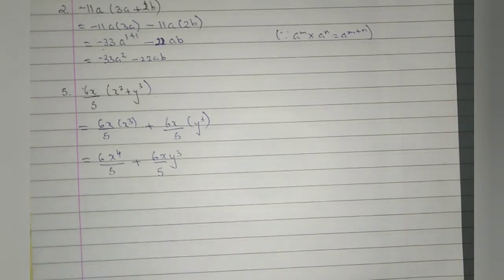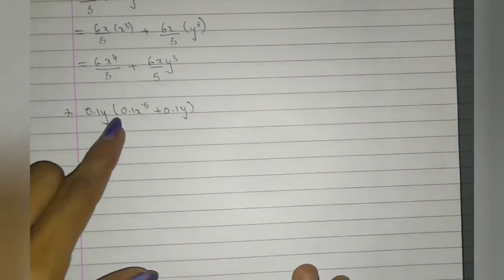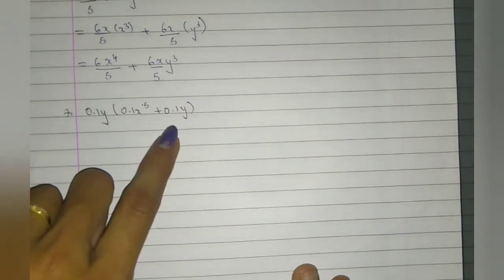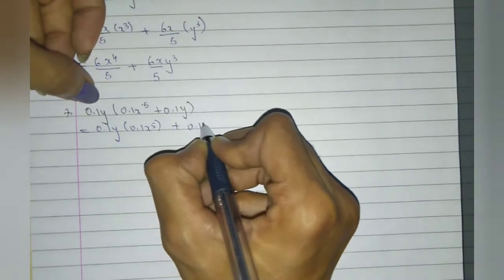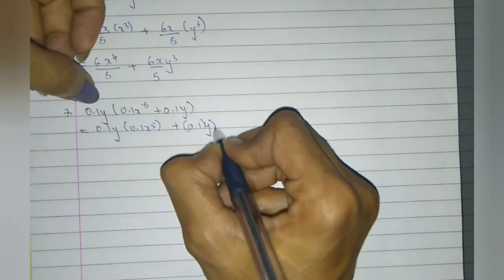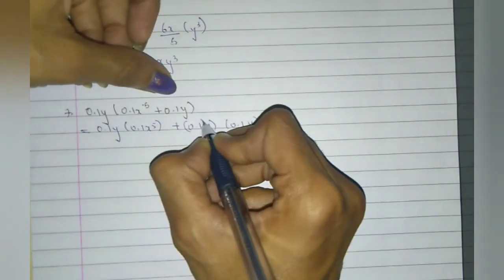Now let us see the seventh one. Here 0.1y into (0.1x raised to 5 plus 0.1y), which is equal to 0.1y into 0.1x raised to 5 plus 0.1y into 0.1y.